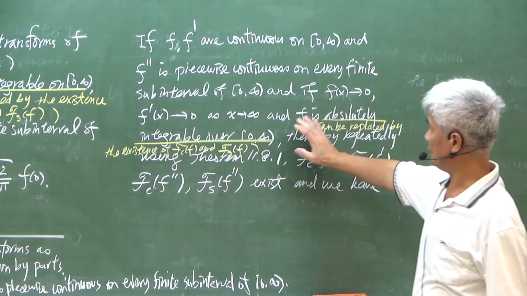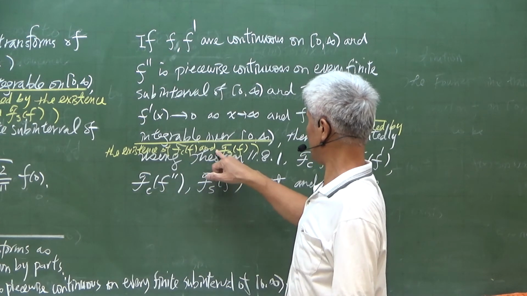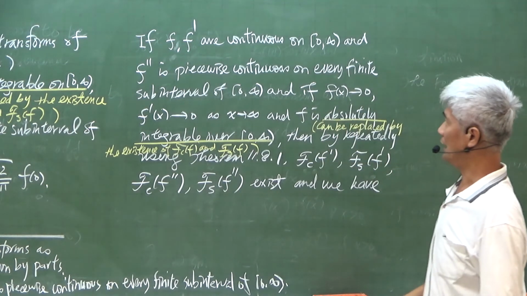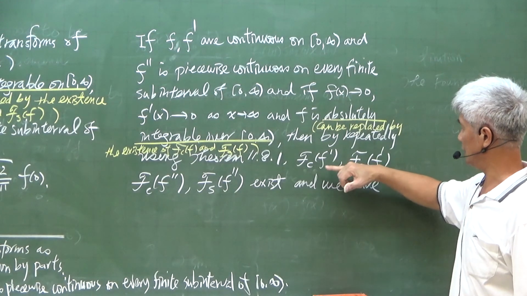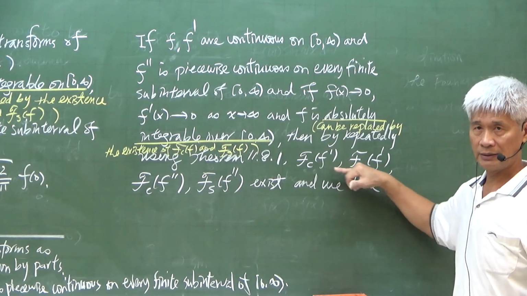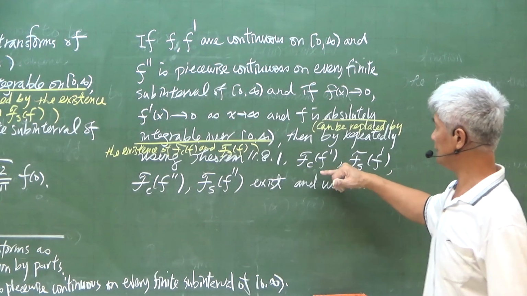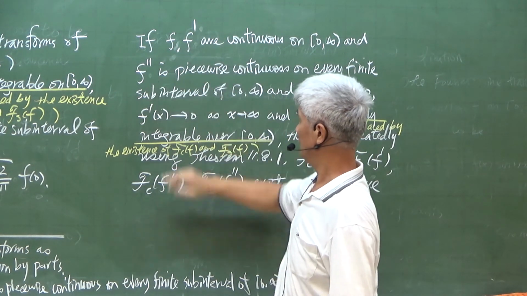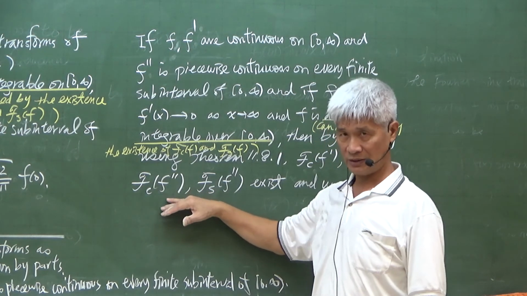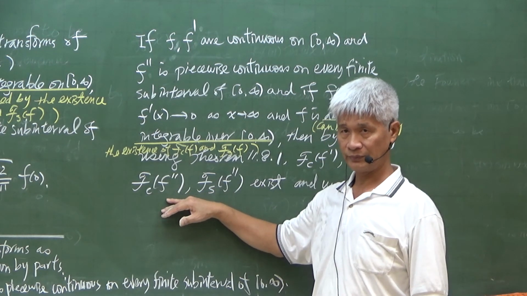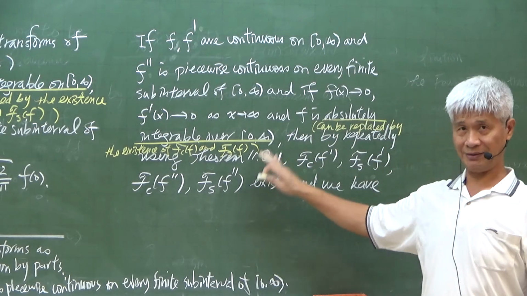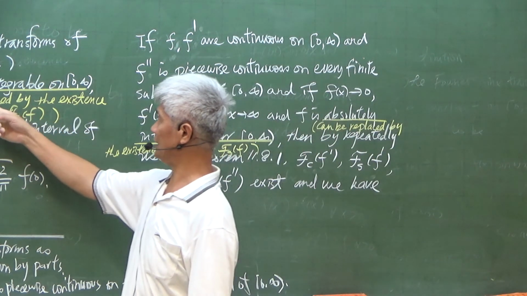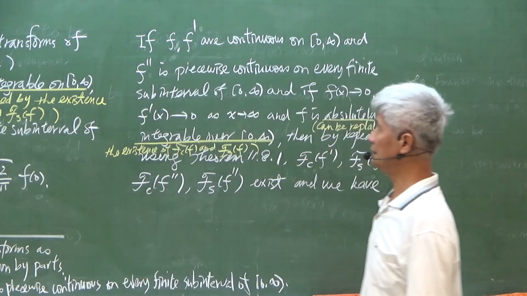So the existence of the Fourier cosine transform and Fourier sine transform of f, together with all the other conditions, implies the existence of these two. And then, again, the existence of these two applied with f prime, f double prime, gives the existence of these two transforms. So it's very important to know how to go from one step to the other. We actually just require this one.